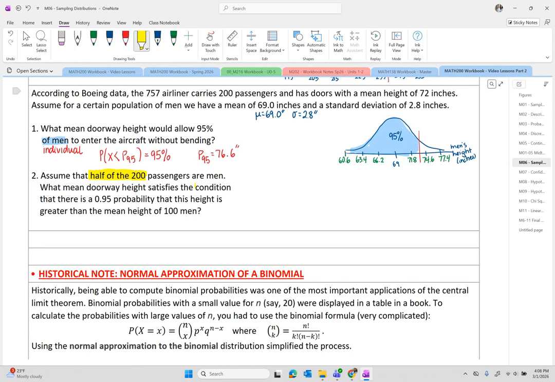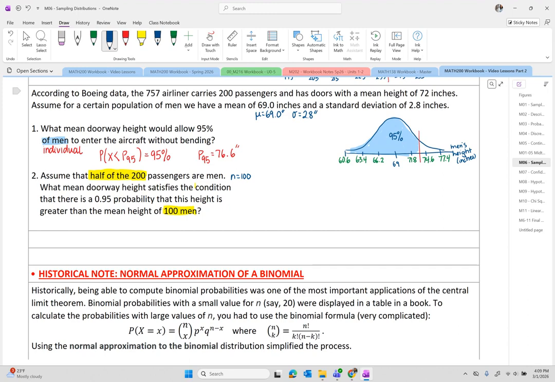So we have a sample of n equal 100. And now they are asking us what the mean doorway height should be to satisfy the condition that there is a 95% probability that the mean height of the 100 men will make it under that door.